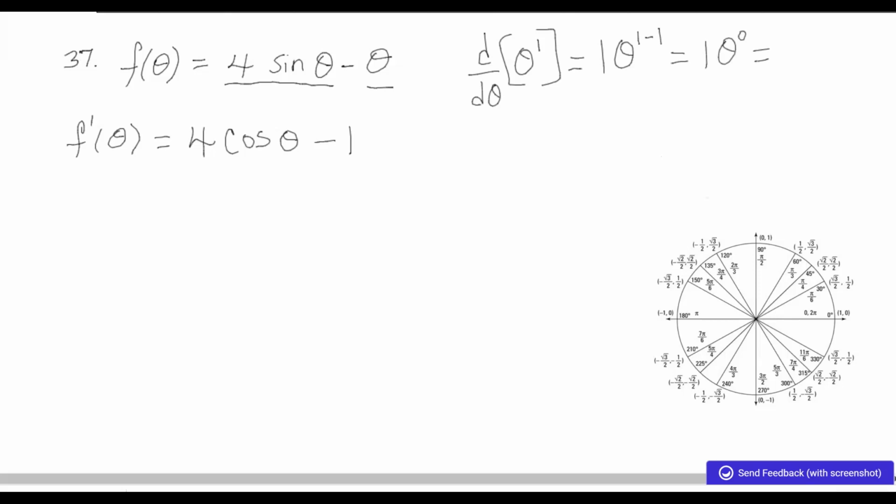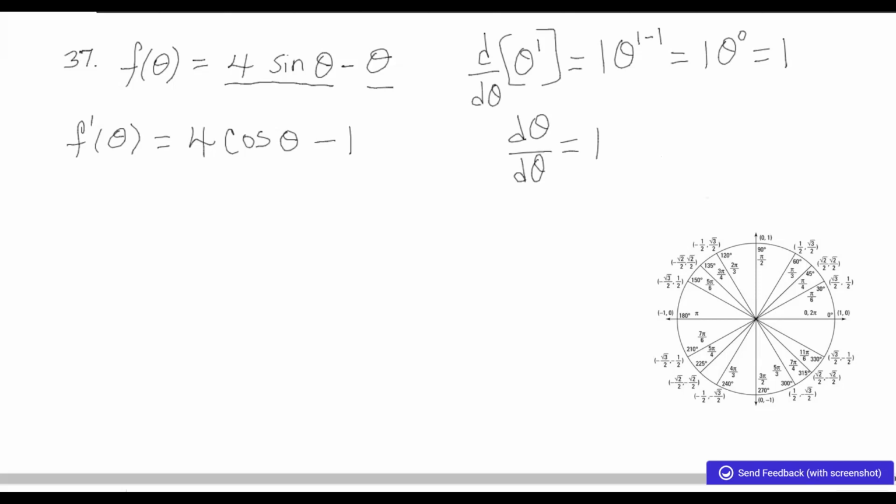Well, any non-zero number to the 0 power is going to be equal to 1. Another way to look at that is to say this is d theta over d theta, which, as you can see, is equal to 1. The derivative of our function is 4 cosine of theta minus 1.